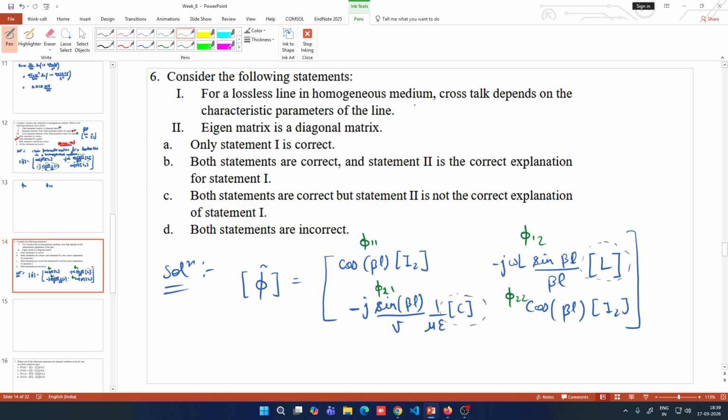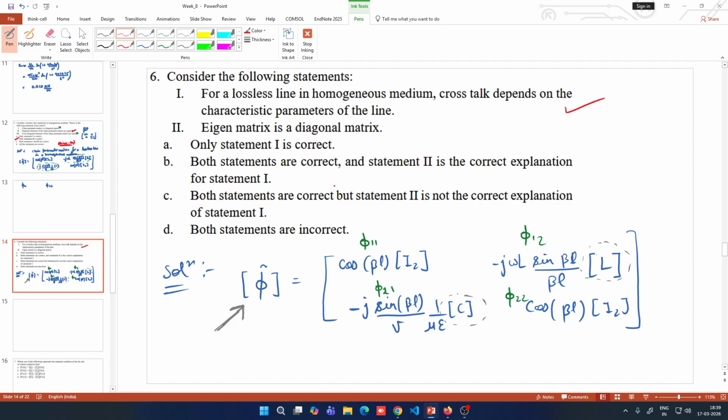This matrix itself talks about the characteristic impedance. So for a lossless line, from this we can directly say that it depends. Statement 1 is true.